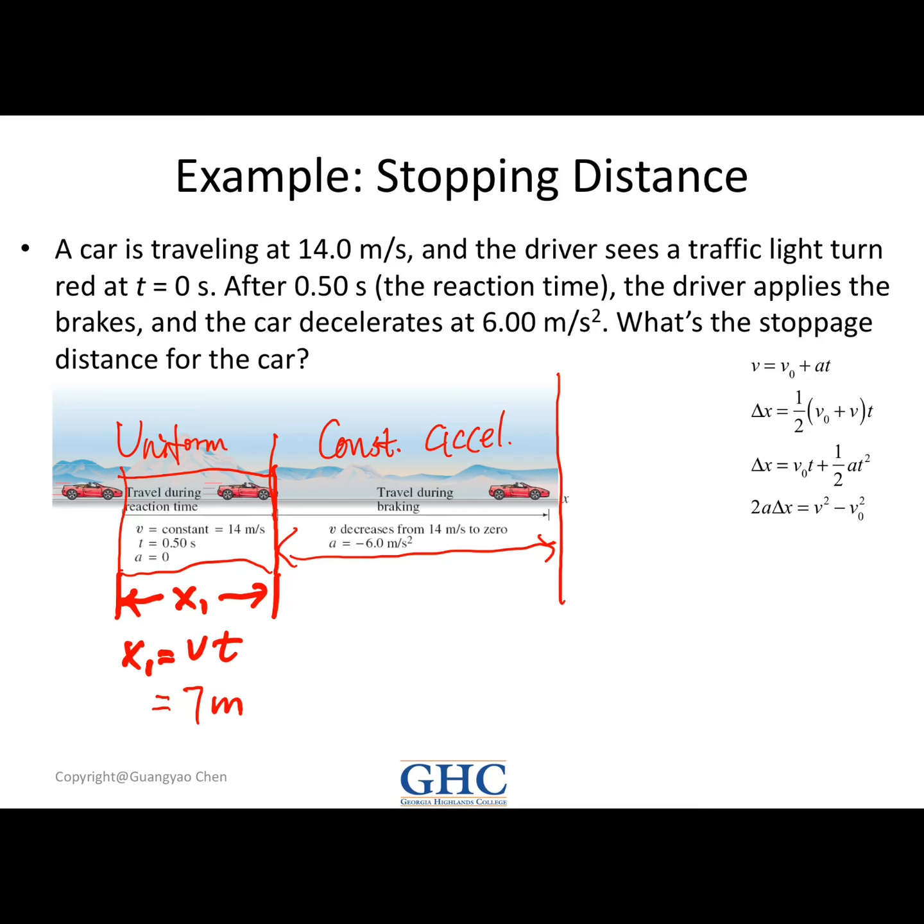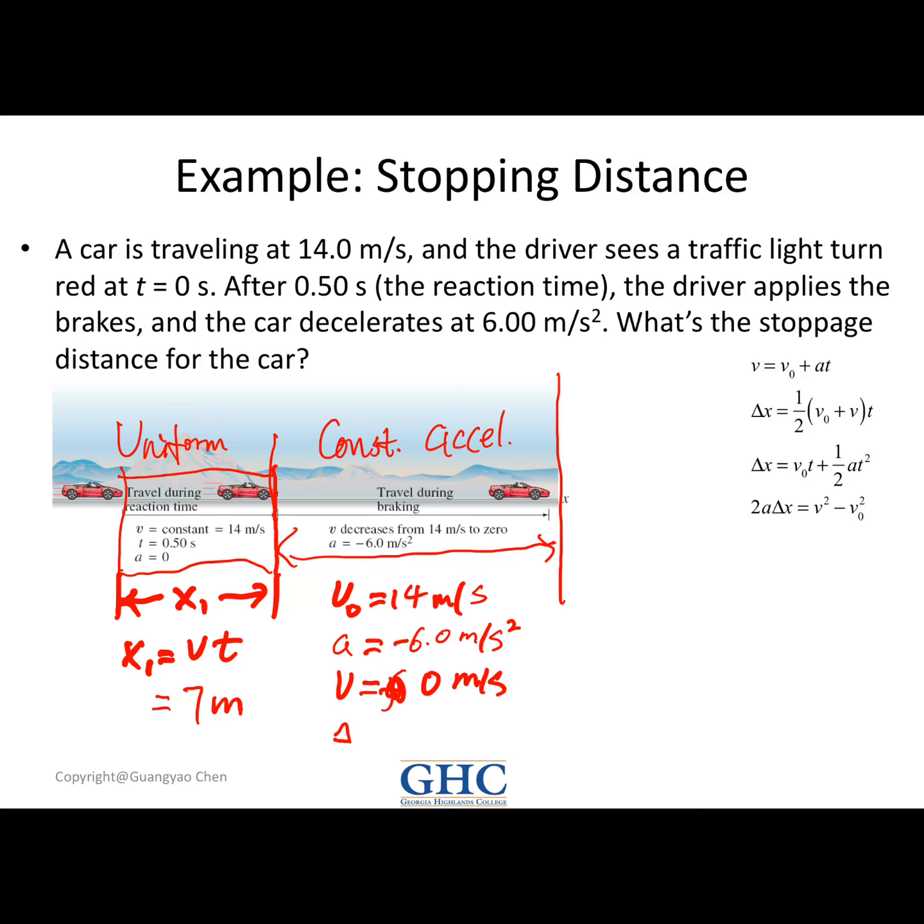We know the initial velocity, 14 meters per second, and the acceleration. Is there anything else we should know? It says in the end the car should stop, so the final velocity should be 0. So we know 3 quantities, which means we can solve it.